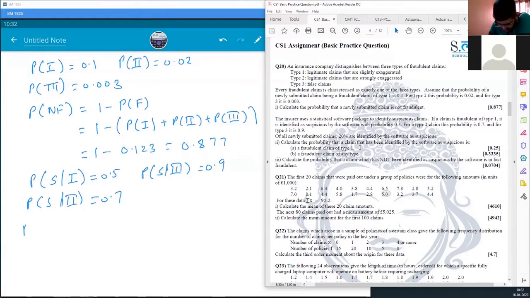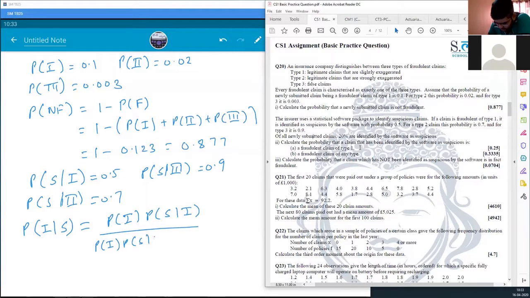So this is Bayes theorem. We need to find the probability that it is type 1, given that it has already been identified as suspicious. So we need to find type 1 given S. Now, according to the formula we have studied so far, we would have said probability of type 1 into probability of suspicious given type 1 upon the same thing for 1, 2 and 3.